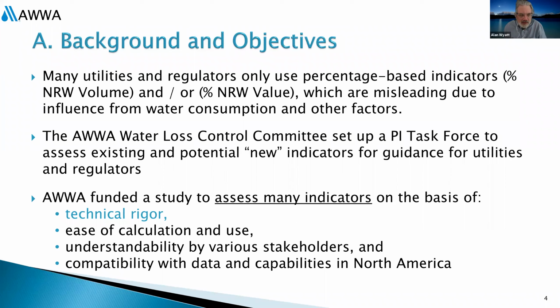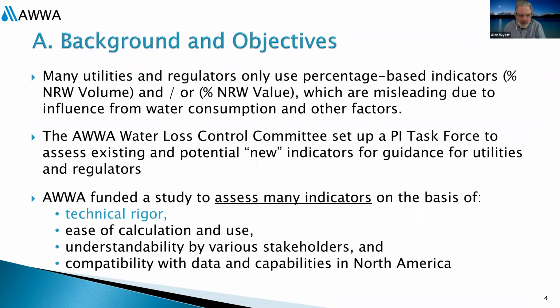But the main issue, again, is that the percentages are very commonly used. 10%, the state of Maryland says if you're over 10%, you have to file a report. That's not what we want. And the lower part there are the criteria that the AWWA wanted the study to look at.